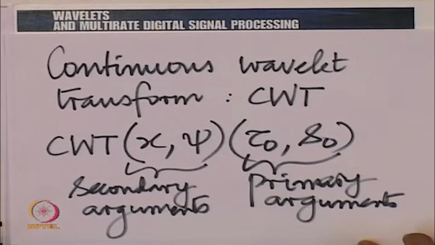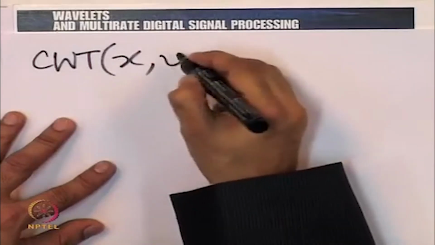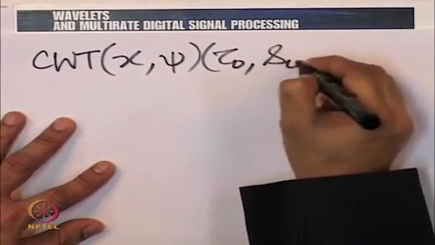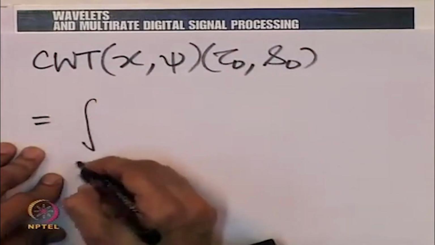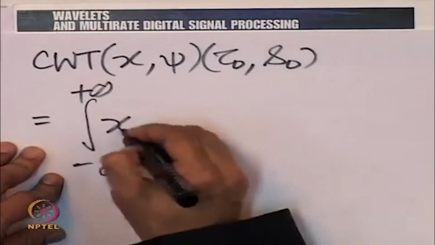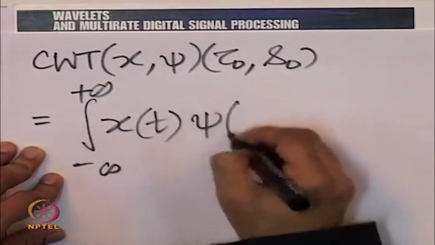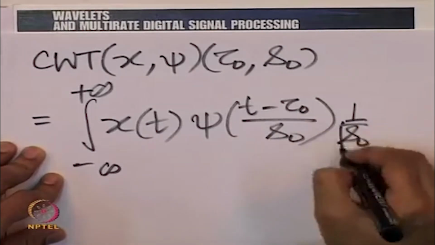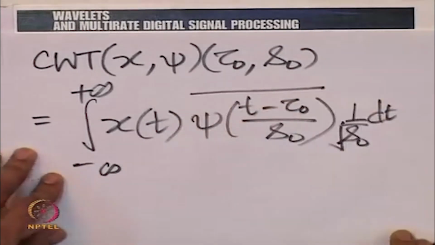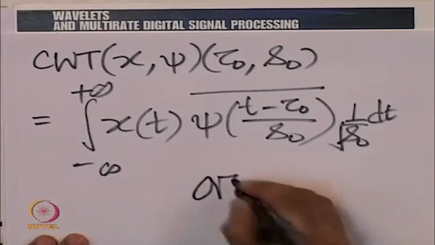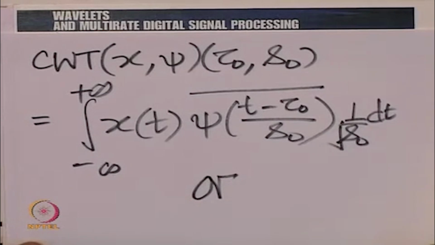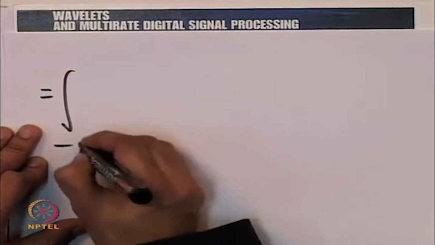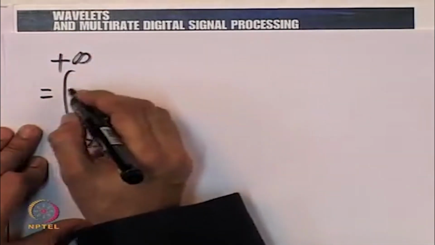So, this quantity, CWT of x with respect to psi evaluated at tau naught and S naught, is either, if you wish to look at it that way, the dot product of x t with psi of (t minus tau naught) by S naught normalized with 1 by square root of S naught, either this or, as we have just seen using Parseval's theorem, the following. Of course, with a factor of 1 by 2 pi.